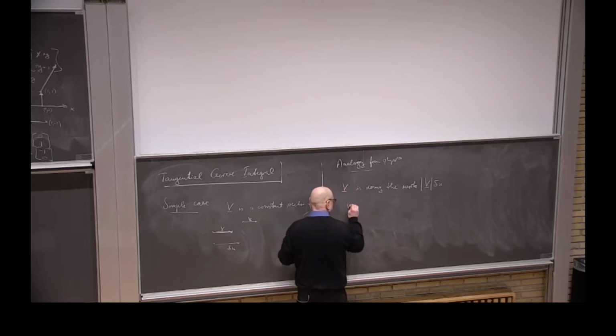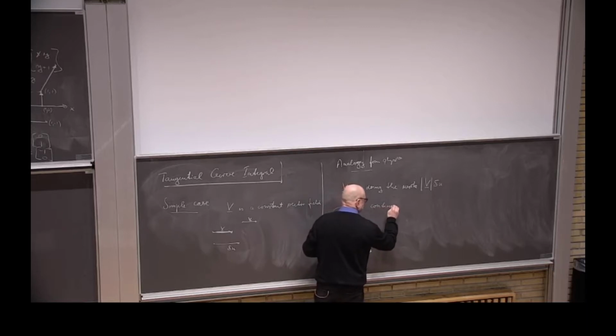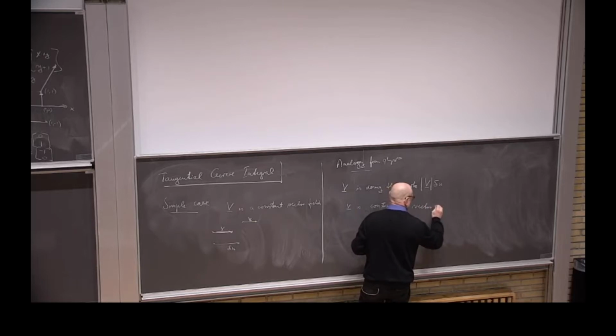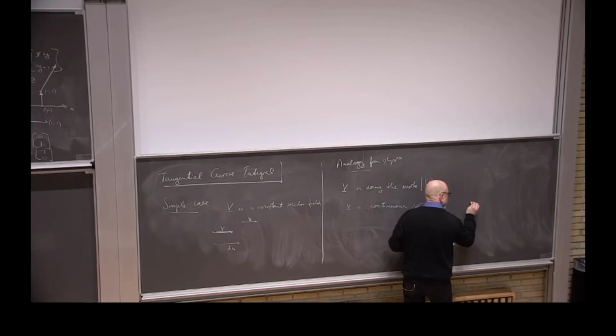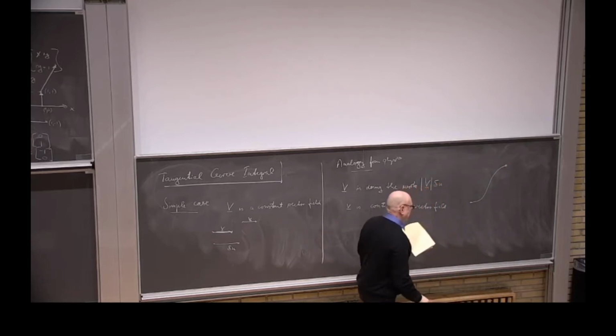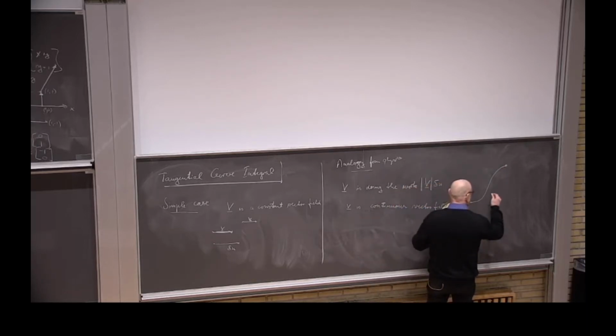What if V is just a continuous vector field? That is, say we have a curve here like this, and then we have our vector field like this at this point.